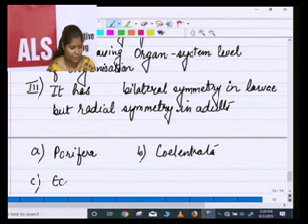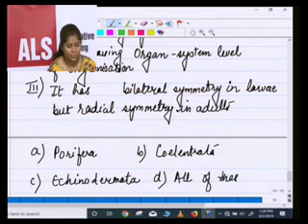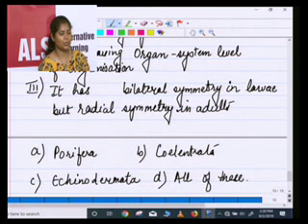Third option, Echinodermata. And fourth option, all of these. Yes. Quickly answer the question.